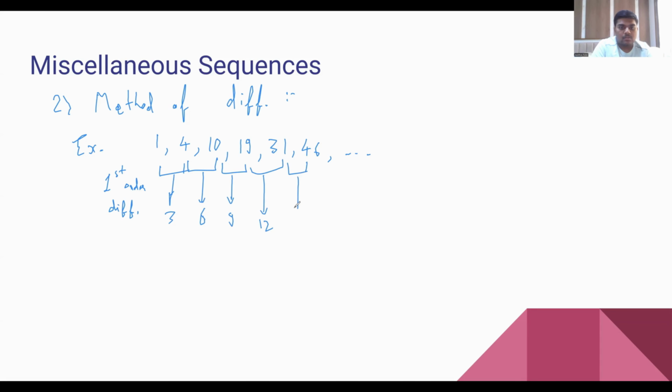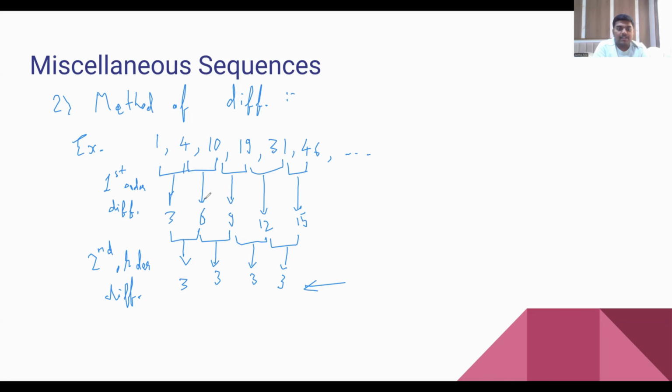Then 15. Now we do the second order difference, wherein we do this subtraction, the difference of difference, which is 3, then 3, then 3, and again 3. So we do the differencing until we get such a sequence wherein all the terms are constant.